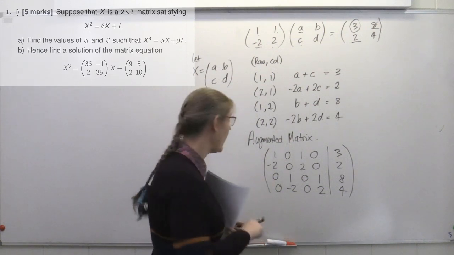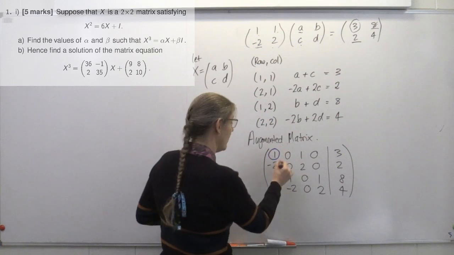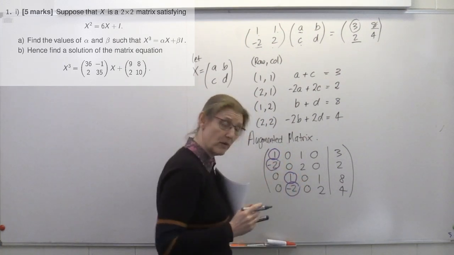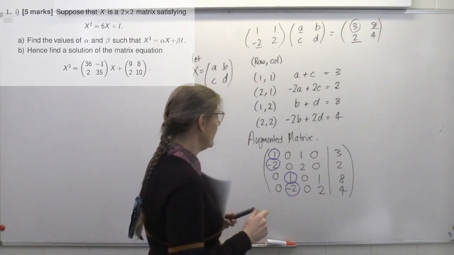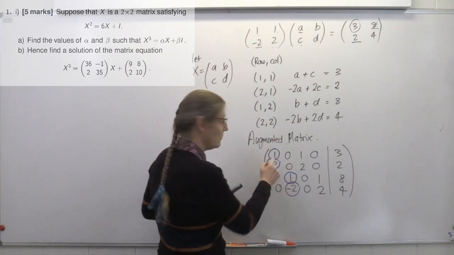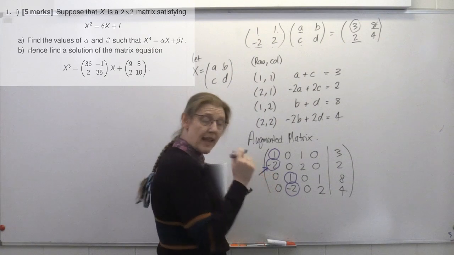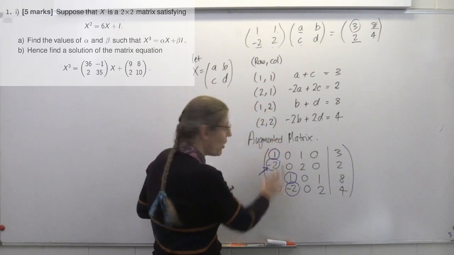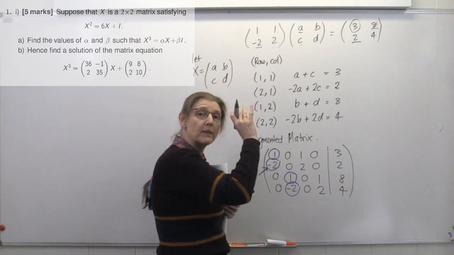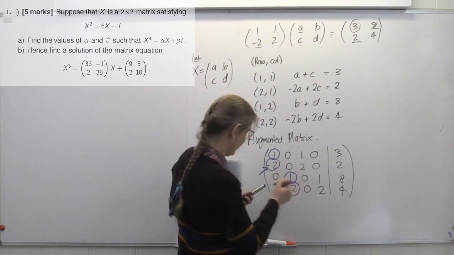First of all, remember, identify where your pivots are. They're the first non-zero entries in each row of the matrix. So, this one is fine, it's great. But this one we do not want to be there. We would like to get rid of this one and then clean out below each pivot. Remember, your augmented form becomes row echelon form when the pivots go down and to the right.